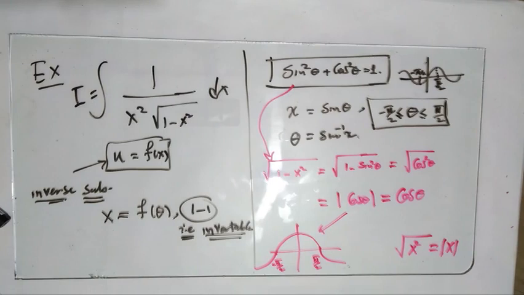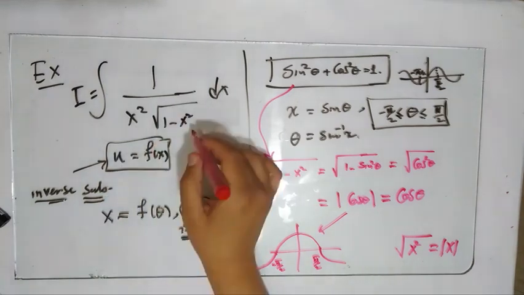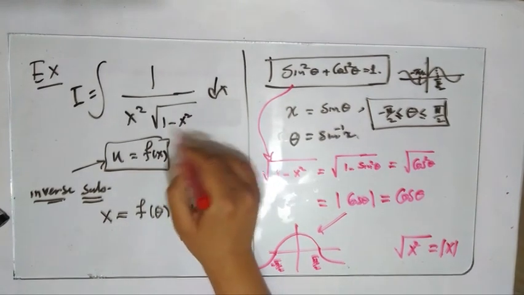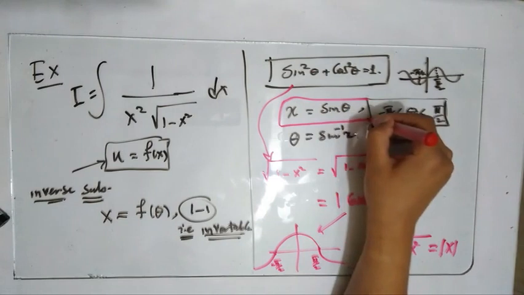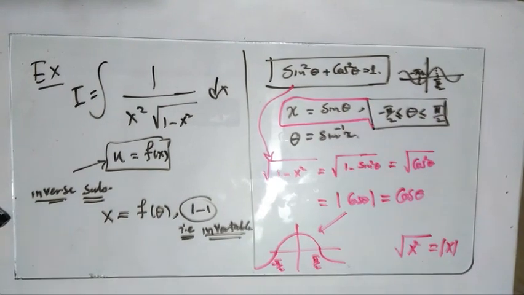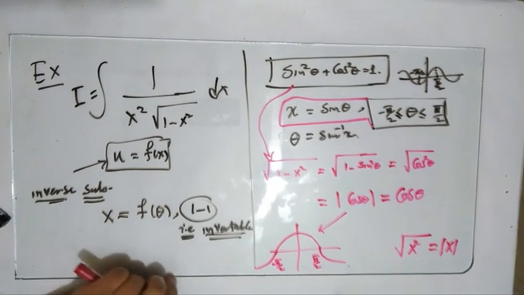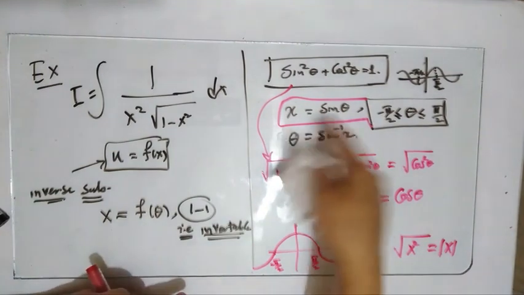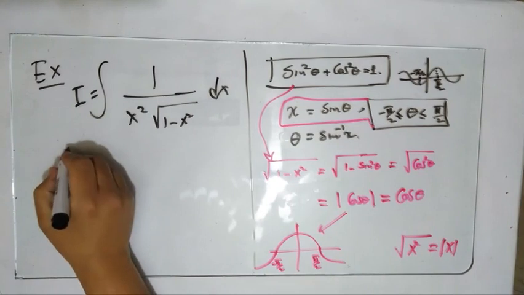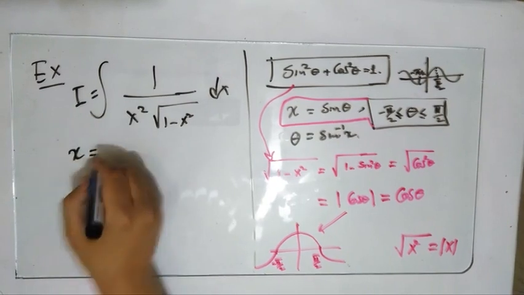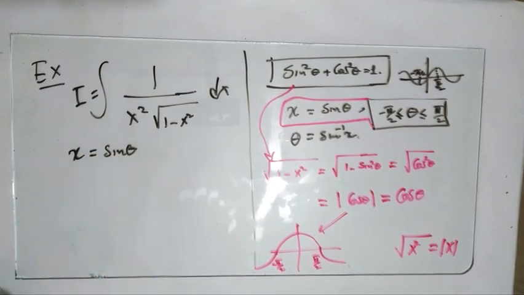Anyway, all the time when you have a square root of 1 minus something squared, or a squared minus x squared, you're going to use this substitution with this restriction. I will make a summary for that, don't worry. So we saw why we have to use this substitution, which is x equal sine theta.